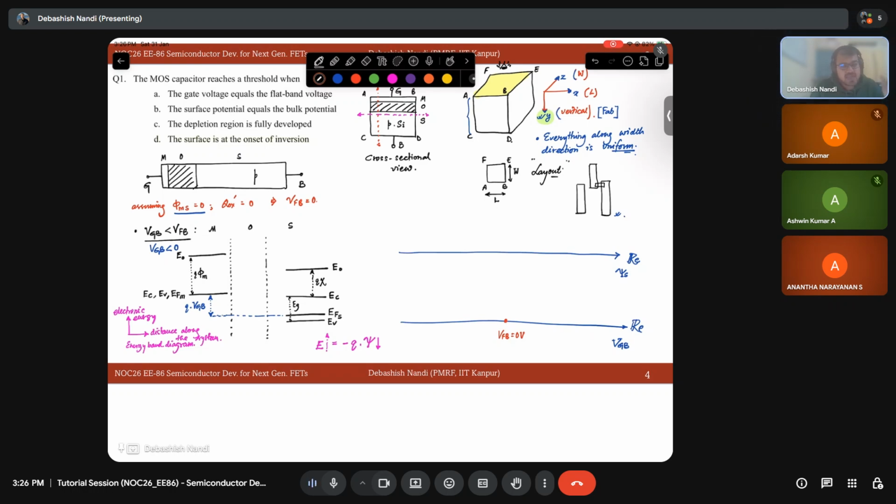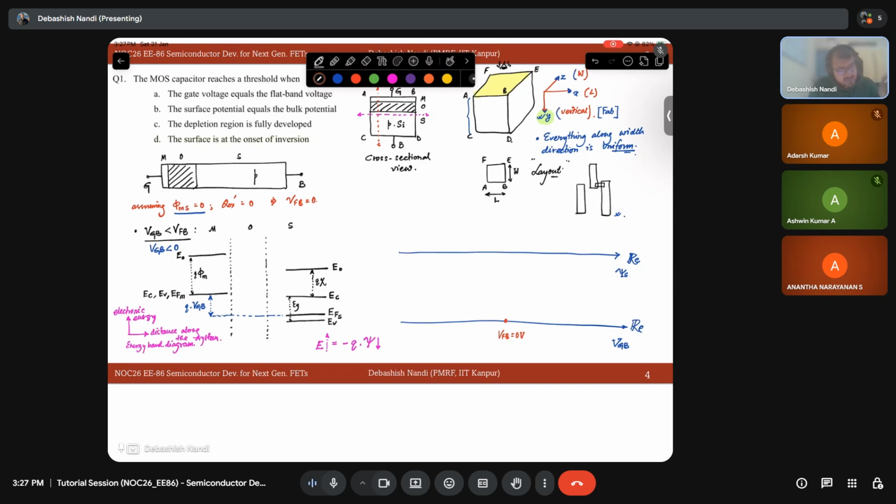So if you are applying your potential VGB, which is non-zero, Fermi level will split, right? Between metal and semiconductor, there will be a gap in the Fermi level. That is the potential you are applying. That is what we have discussed, right? Is that clear?